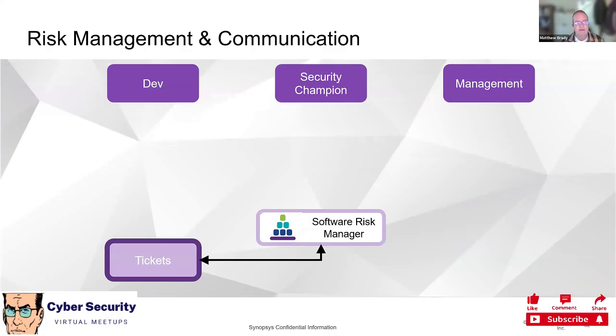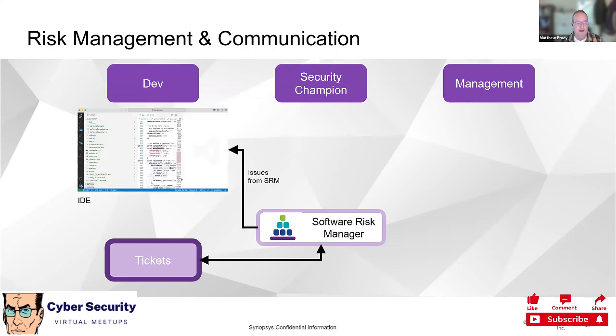Now, how do you actually get this moving? How do you get people notified about what's happening in the ASPM solution? Well, we've talked about bidirectional ticketing, so you can actually see that, that you can create tickets. They typically go to developers, although they can go elsewhere. And then what we would want to do, though, is we also want to update developers about other issues, which have not been created tickets from, so they can see everything.